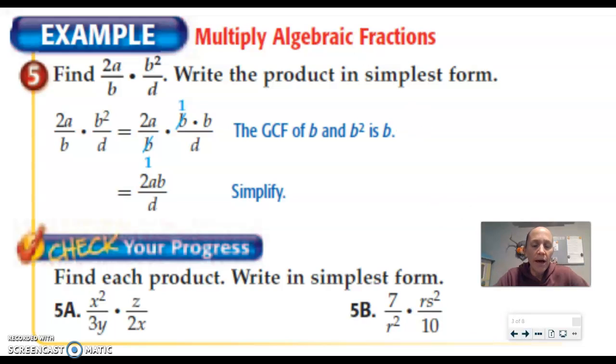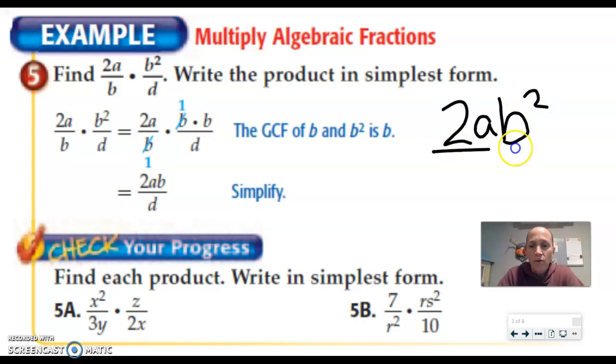Okay, so multiplying algebraic fractions is really going to be pretty similar to multiplying numeric fractions. So again, you're going to multiply the numerators. So 2a times b squared is just what it sounds like, 2ab squared, right? Over top of bd. But you have to simplify it.